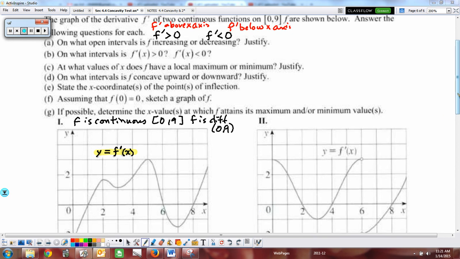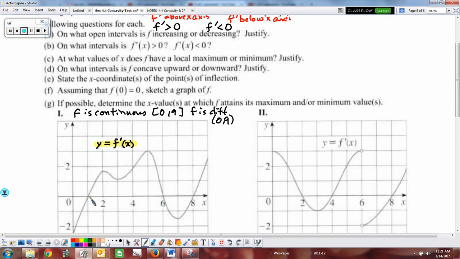I can see that I am above the axis starting here at 1 and going over to 6. So we would say f increases for 1 to 6, and then it also increases from 8 to 9. Our reasoning would be because f prime of x is greater than 0.